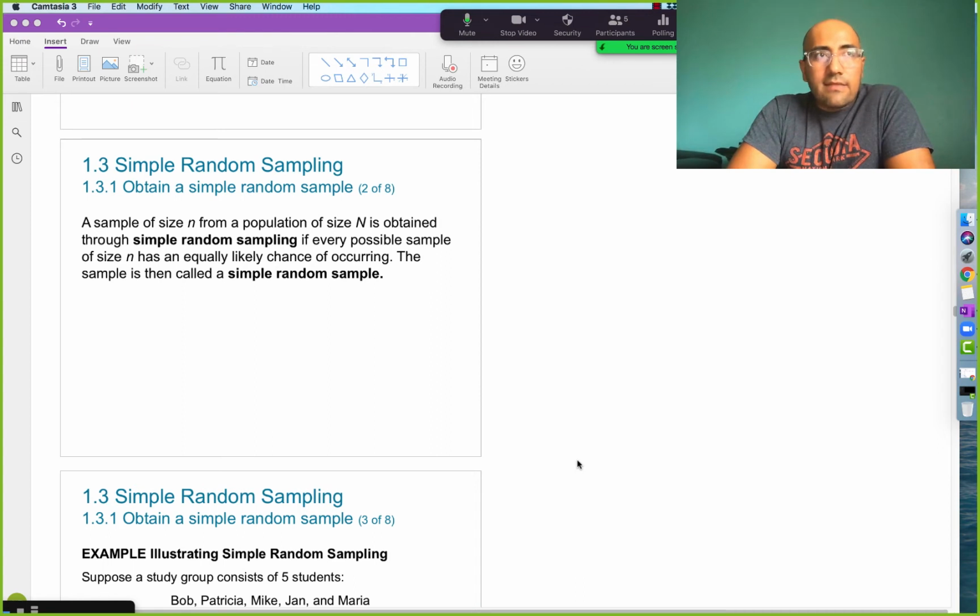Okay, so that technique allows any 5 students in the population to be selected, right? I'm not limiting any combination of students. Any combination is allowed, and they're all equally likely of occurring from the stance of the beginning, before you've done anything.